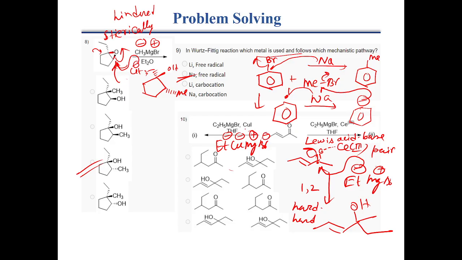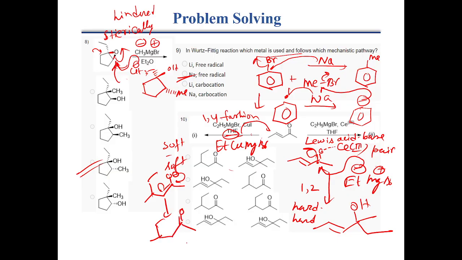Due to this soft nature, this ethyl will react at the 1,4 position. So soft interaction is the driving force, giving this alkoxide. This is quenched by water, giving this product. So what is the answer? The first one is the right answer.